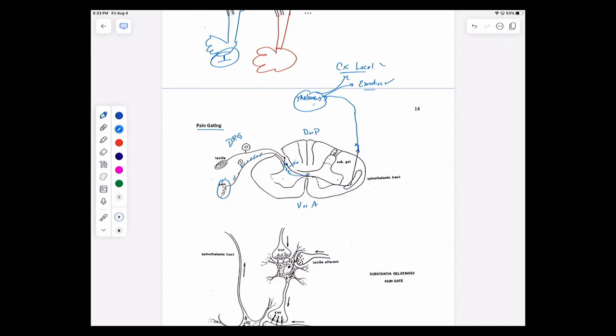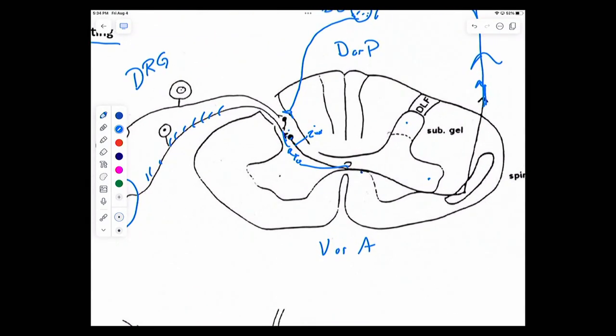Well, these aren't the only signals that go up from this ascending pain signal. You also are going to have some axons that peel off, and they will synapse onto some neurons in your brainstem. Okay, these little guys right there. Those neurons are then in turn going to come down and send a signal, and they will synapse onto this little guy right there, and that's going to be an interneuron.